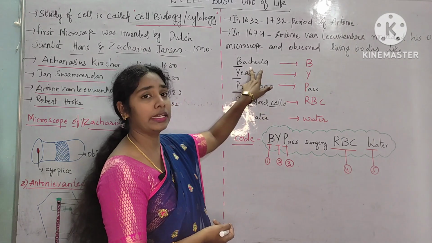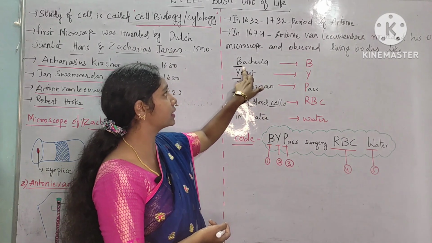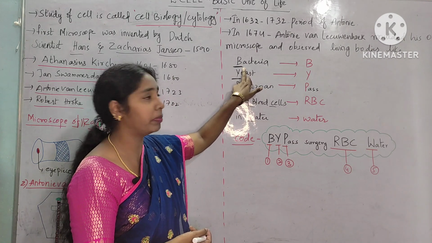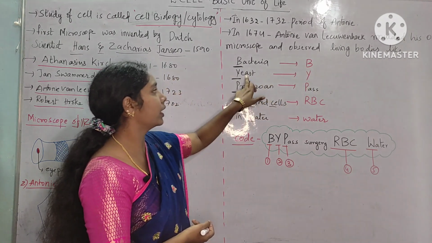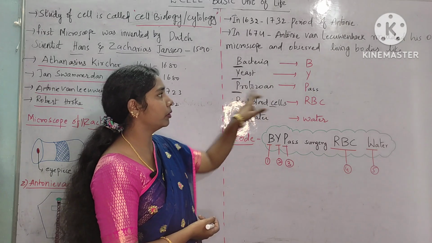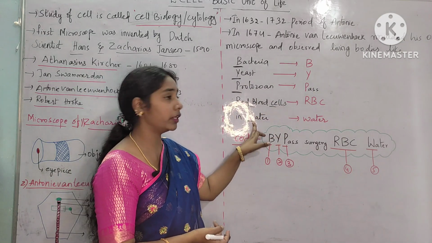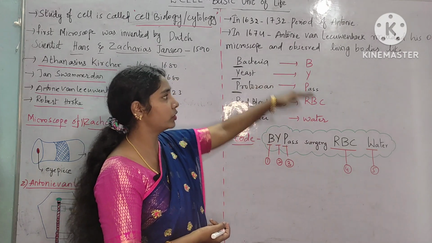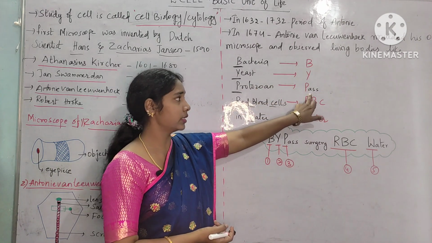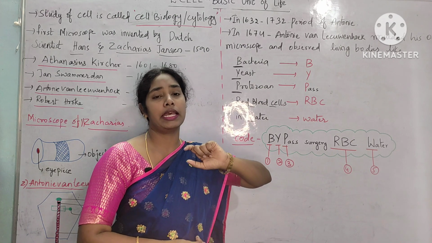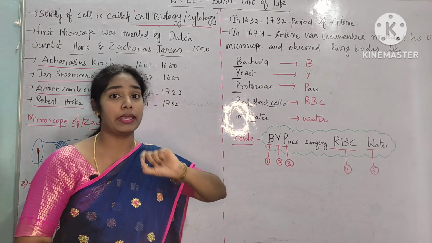Bacteria starts with B. Yeast means Y, protozoan means P, red blood cells means RBC, and he observed in water. If you write "by" and "pass" in English, what is that? Bypass.